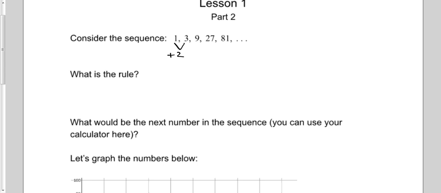Can I do the same thing to 3 and get to 9? So, in other words, if I add 3 and 2, do I get 9?